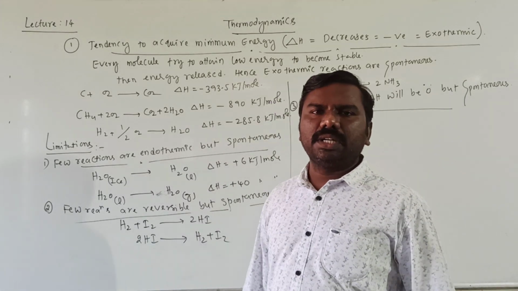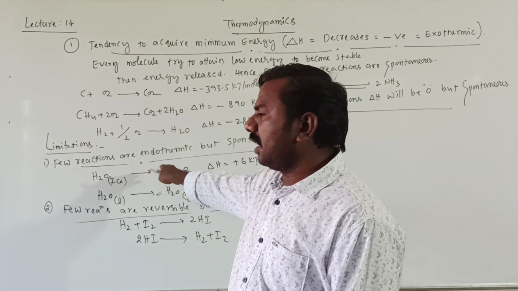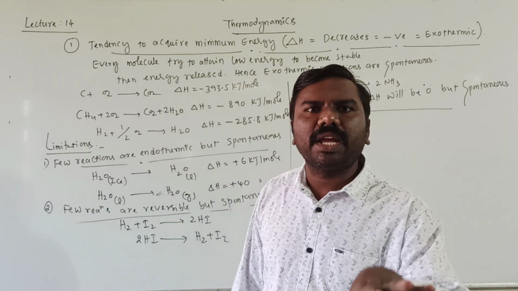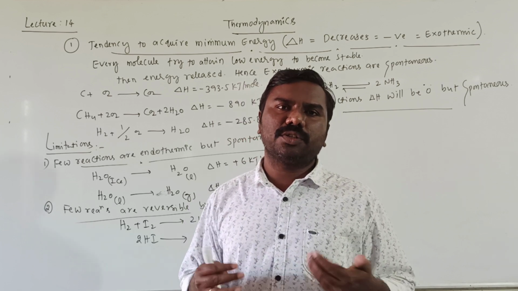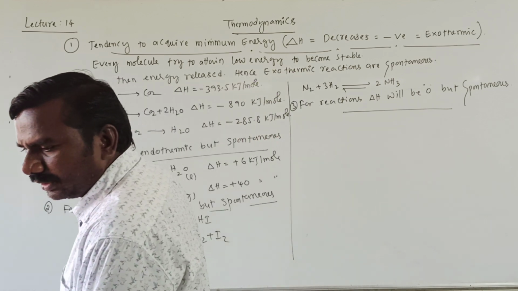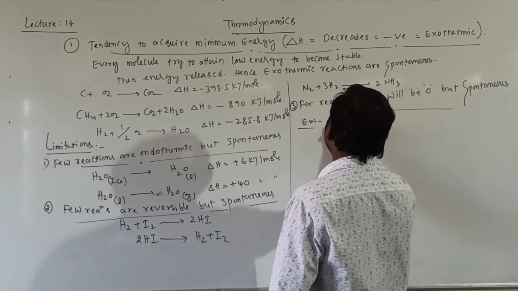Actually, delta H must be negative for spontaneity. A disadvantage is, if positive also, for a few reactions, spontaneous. If 0 also, for a few reactions, spontaneous. Hydrolysis or ester formation. Example is ester formation.